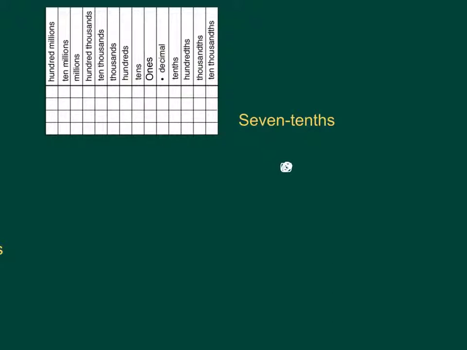And then, since the tenths place is 1 place behind the decimal to the right, we simply take our 7 and write the number 7. So to write 7/10 as a decimal is .7.